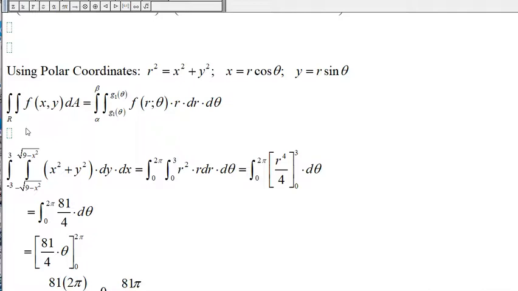And this is how the double integrals are related. This double integral is in the rectangular system, and this double integral is in the polar coordinate system.